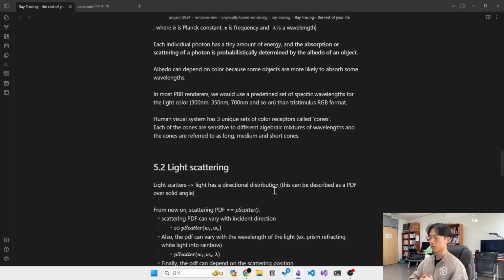So so far, we have represented color in RGB format. In real PBR renderers, we would use a predefined set of specific wavelengths for the light color. As you can see here, 300 nanometers, 350 nanometers, 700 nanometers and so on.